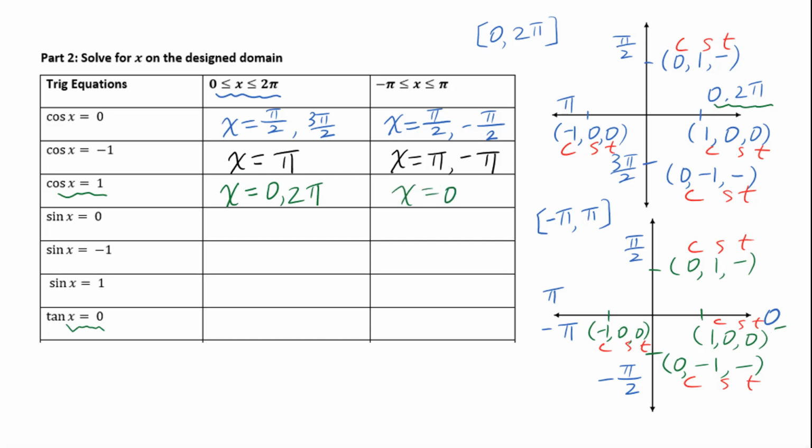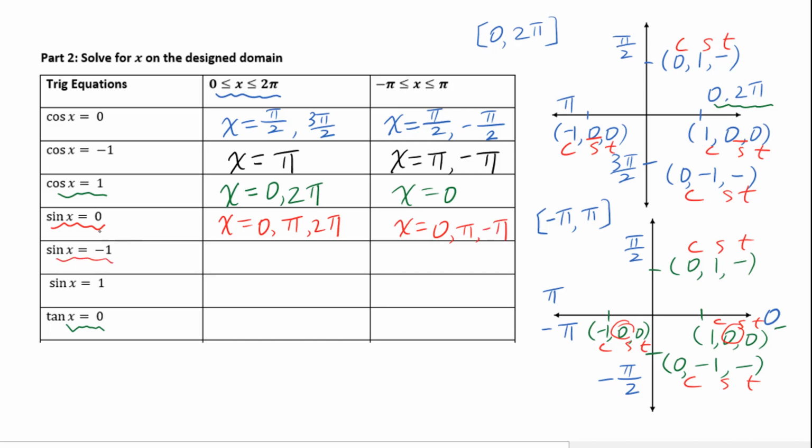For sine x equals 0, that's here. So for the first diagram, you have 0, pi, 2 pi. For the second diagram, you could say 0, pi, and negative pi.